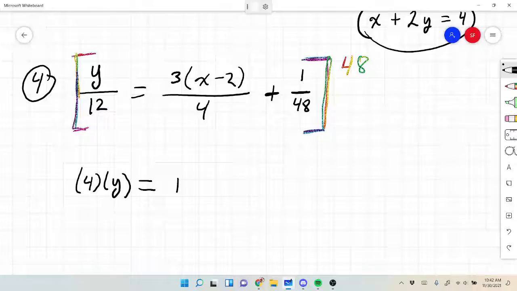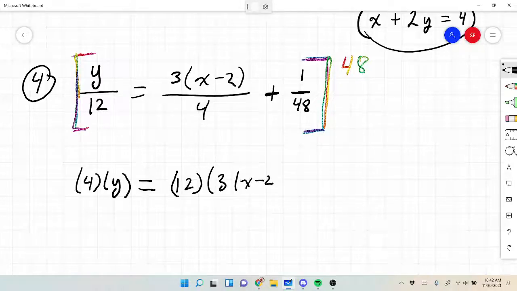So we're going to have 12 times 3 times x minus 2. 48 goes into 48 how many times? 1. Hannah, you can't just listen to Bree. She lies to you sometimes. Plus 1 times 1.